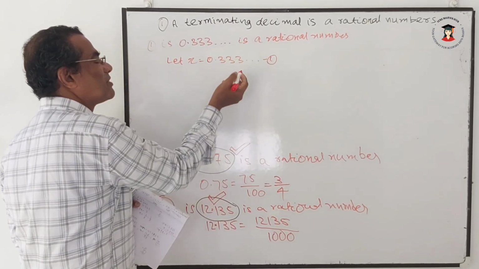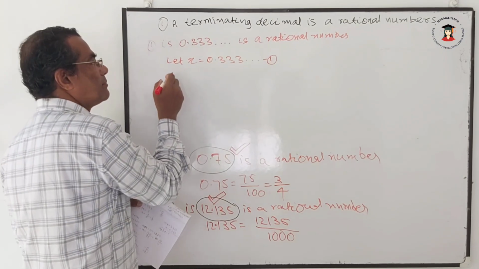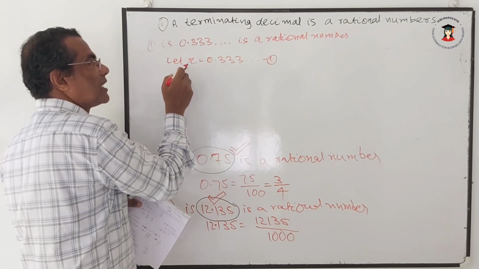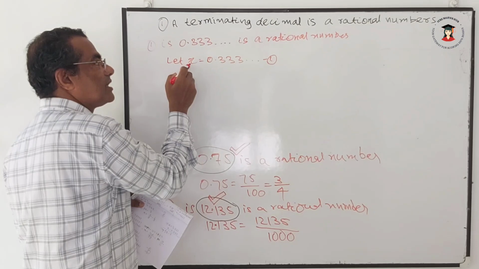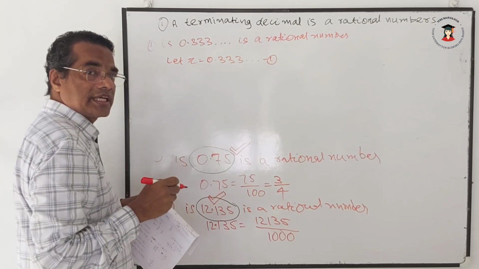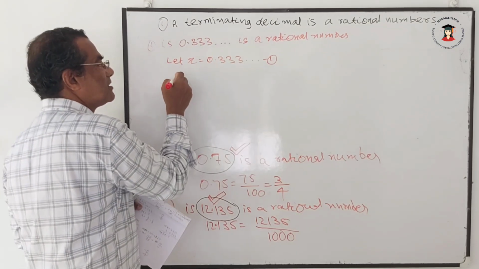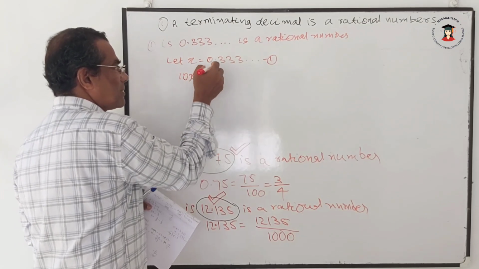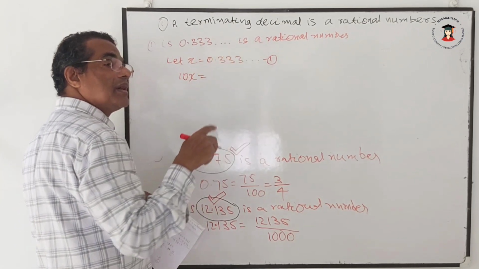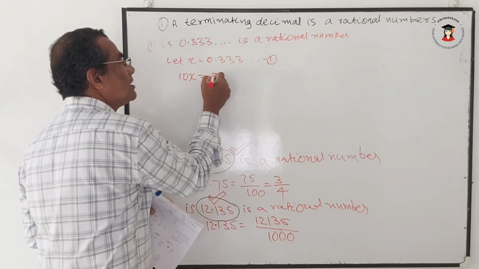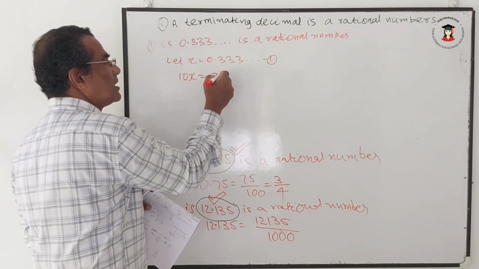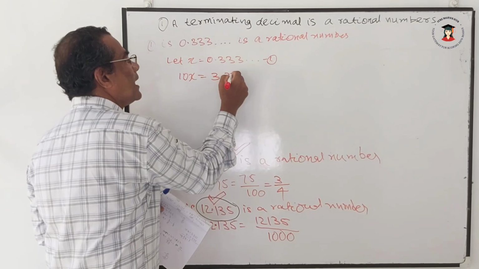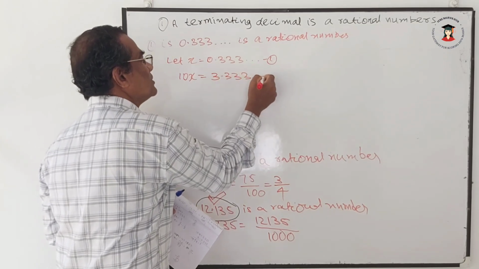Now multiply equation number 1 by 10. That means you need to multiply the left hand side and right hand side with 10. Multiplying the left hand side with 10 will give 10x. Multiplying 0.333 by 10 means a 3 will come before the decimal, and there will be again an infinite number of 3's.